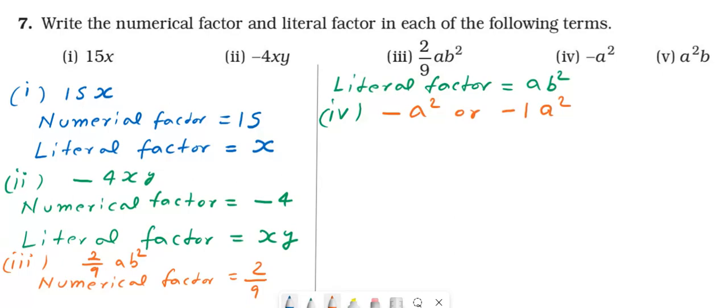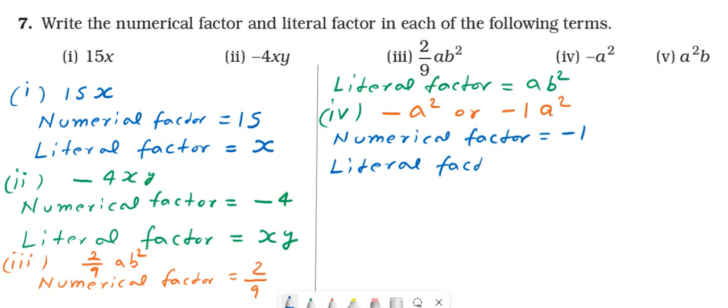So here the numerical factor will be equal to minus 1 and the literal factor is equal to a square. Now beta, the last part, a square b.